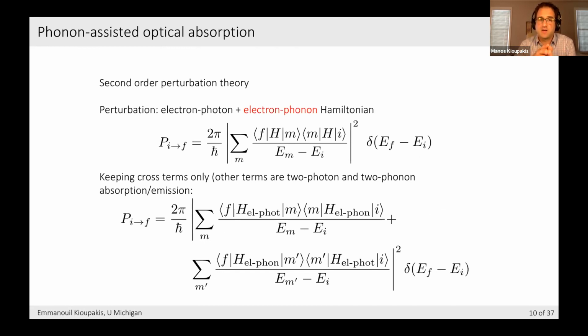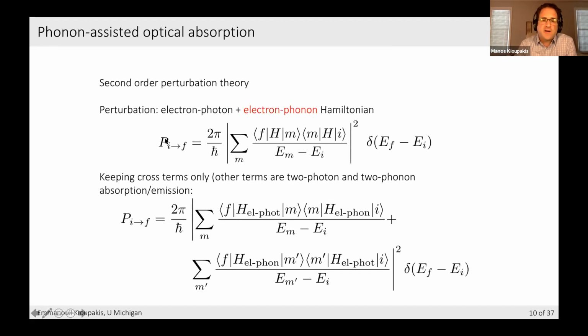The way I'll present here today is a second order perturbation theory approach, and Mario Zacharias will present the other method on Friday. So in second order perturbation theory, we now treat our perturbation to be both Hamiltonians, both the electron-photon interaction we discussed earlier, in addition to the electron-phonon interaction that gives the momentum you need.